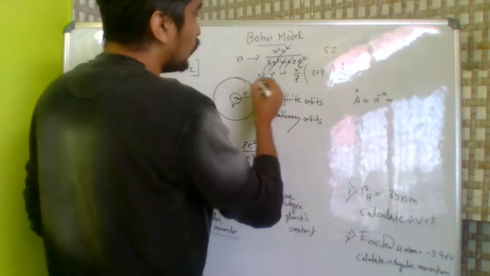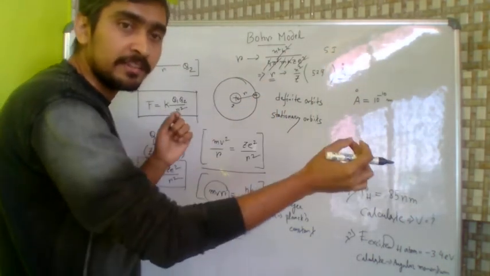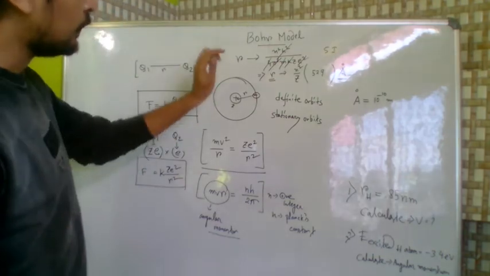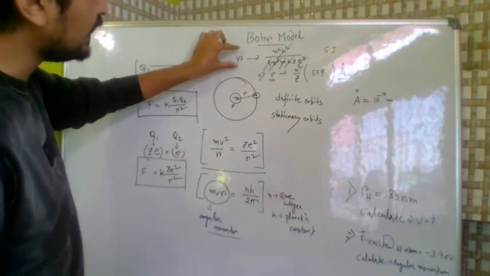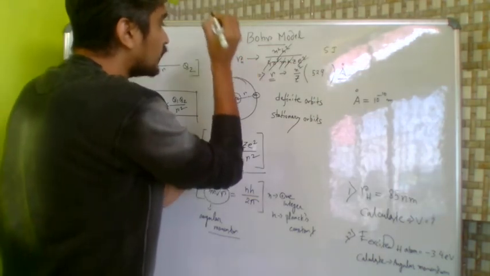It will come in meters because it is radius, which is a length. So from Bohr model we can get the value of R of the nth orbit.